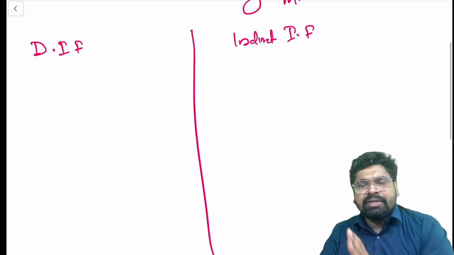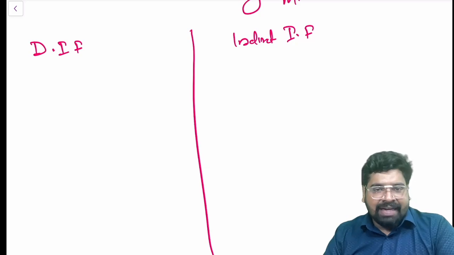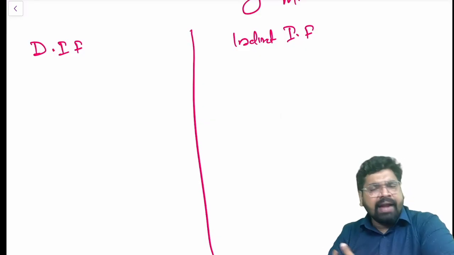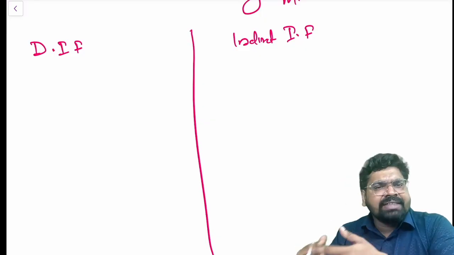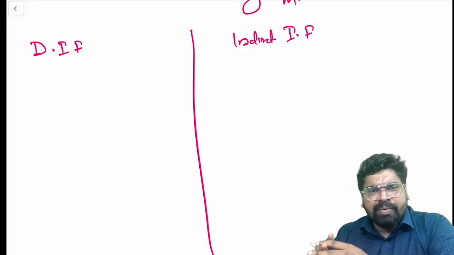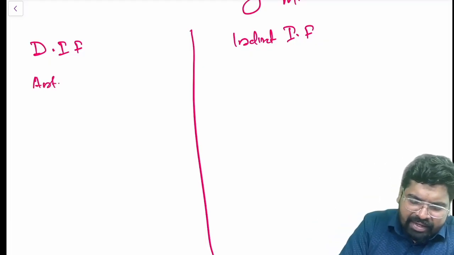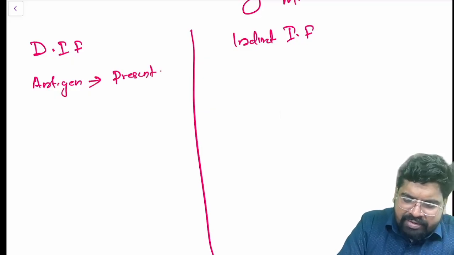Direct immunofluorescence is nothing but this: you have a patient. Think about you sitting in your clinic, and a patient comes with some kind of skin lesion on his hand or body. You know that most skin lesions are antigen-antibody related, right? Where is the antigen present? The antigen is present on the skin.